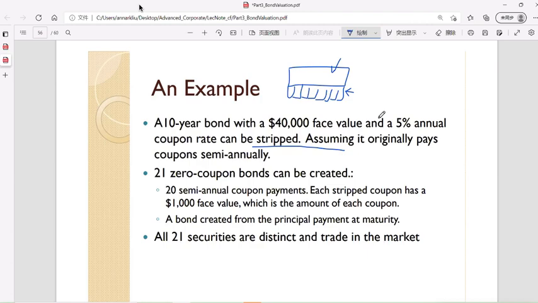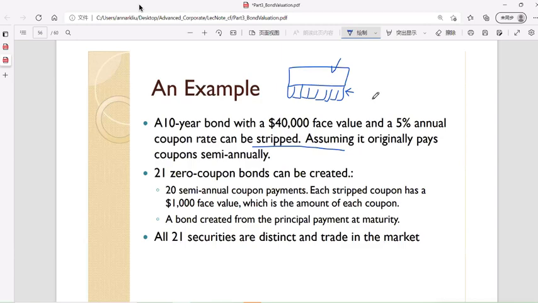Assuming it originally pays coupons semi-annually, you have 20 payments. Each payment gives you 1,000. And with the principal, 21 zero coupon bonds can be created.